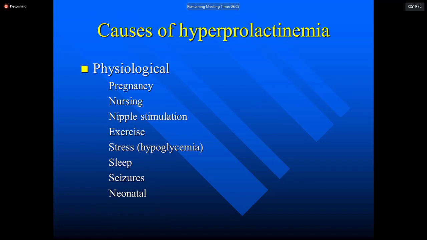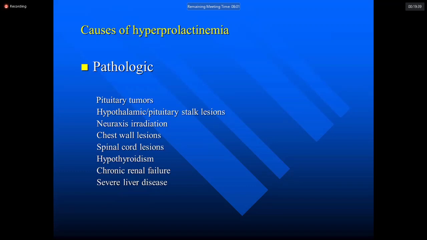Any irritation of the chest wall will cause the prolactin level to rise. The pathologic causes will be pituitary tumors, hypothalamic lesions, anything that will cause irritation of the pituitary stalk will cause the dopamine inhibition of the prolactin secretion to be affected, and that will result in higher prolactin level.